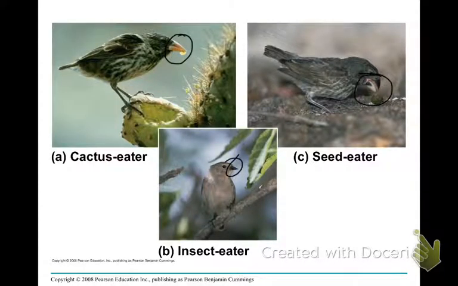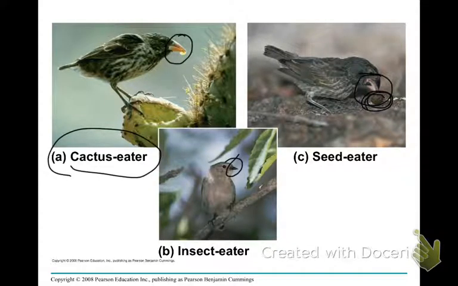A cactus eater has a beak with which he can gouge out soft fleshy fruits. A seed eater specifically has the ability to break open the hard nut. An insect eater has a pointed kind of beak which can go through the grooves and access the insects from in between the bark.